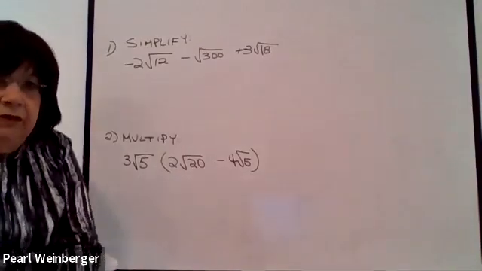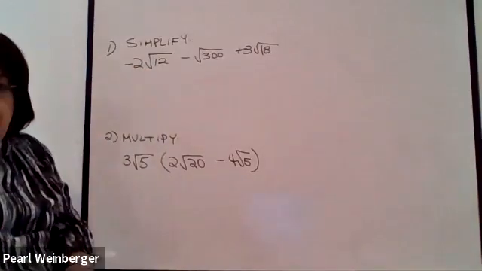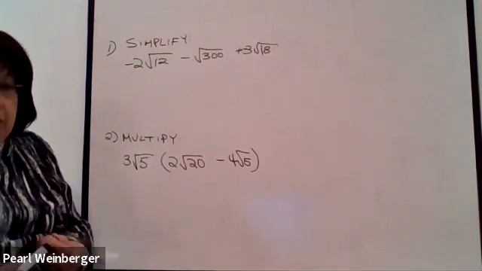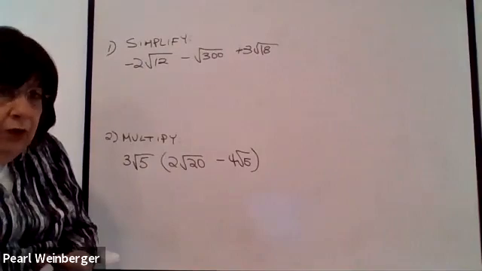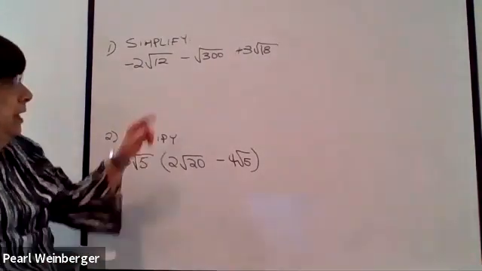Okay, I think we should get started now. I'm going to do the first question, and then we'll go over the second one so that we can continue with our discussion of radicals, square roots especially.